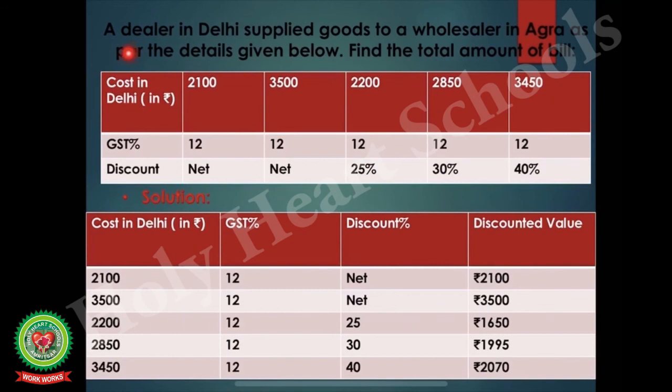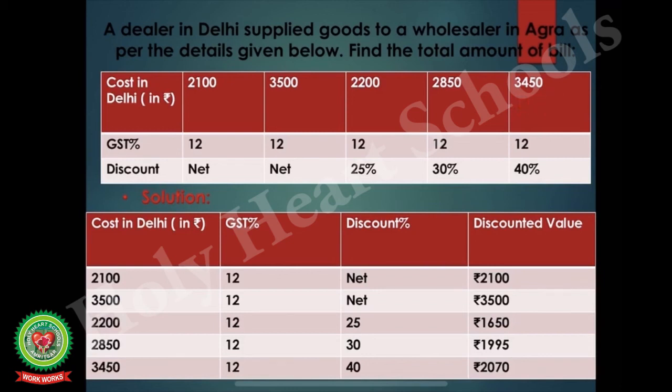Now students, we are going to discuss one last example based on intrastate and interstate transaction. The last example is: a dealer in Delhi supplied goods to a wholesaler in Agra as per the details given below. Find the total amount of bill. The details are, we are given the cost in Delhi in rupees, which is 2100, 3500, 2200, 2850 and 3450.